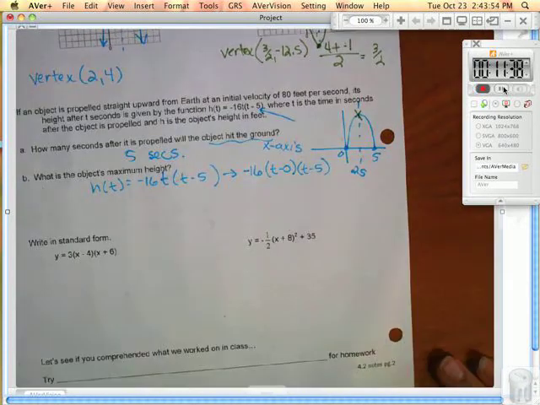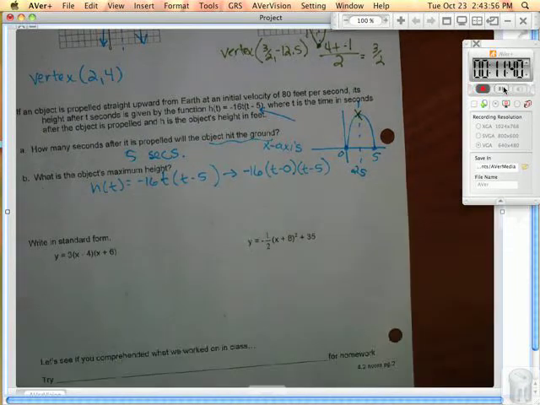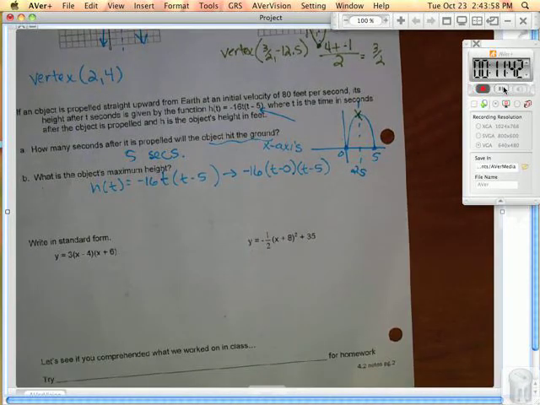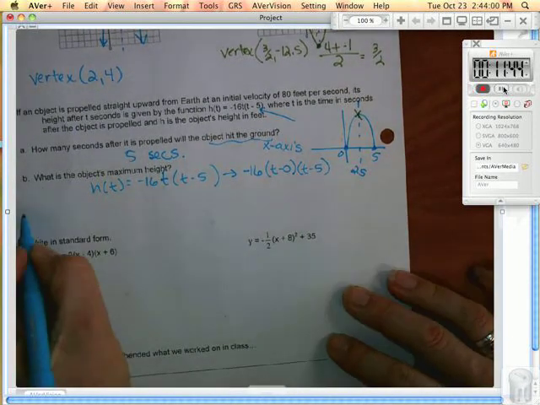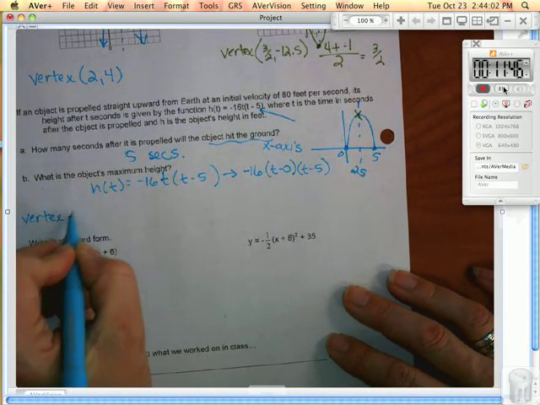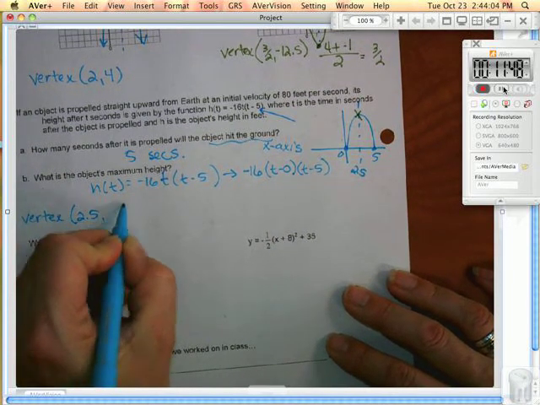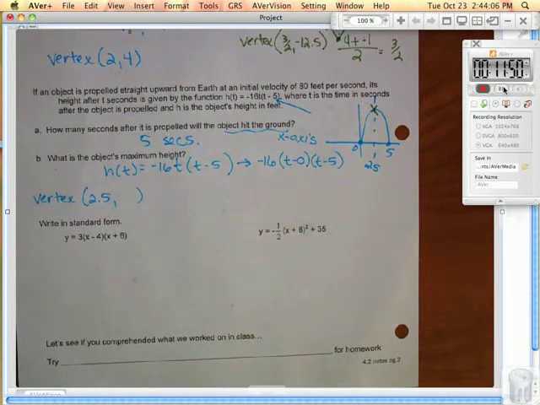I need the y coordinate of that vertex. That will be my maximum. So in the vertex, my x coordinate is 2.5. I need to find the y coordinate. Because it's halfway between there. So you just plug it in?